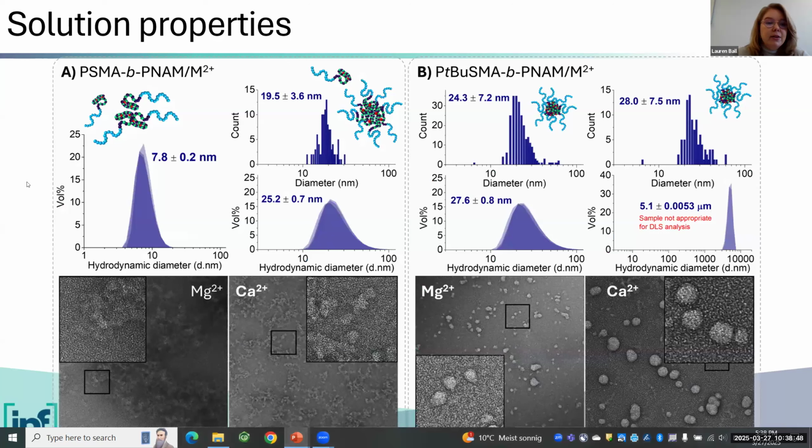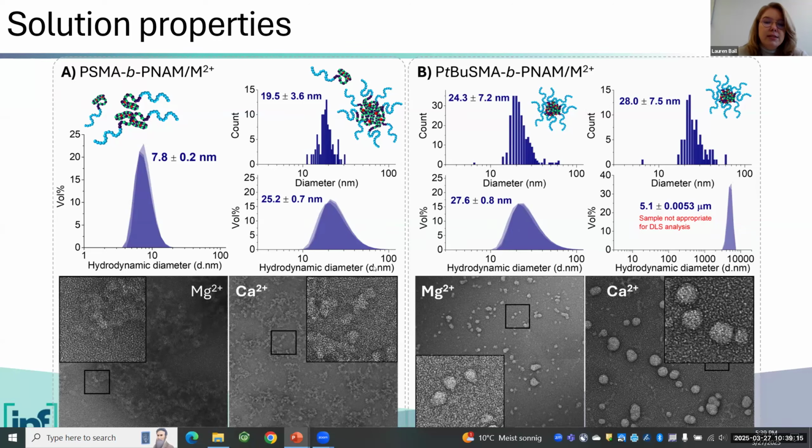We also characterized what type of aggregate morphology we were creating when treating our block copolymers. These are concentrations of between 100 and 200 millimolar of either magnesium or calcium. For our SMA acrylomorpholine block copolymer, you can see even up to high concentrations of magnesium, we have diffuse structures, essentially because we had free chains and not aggregates as micelles.